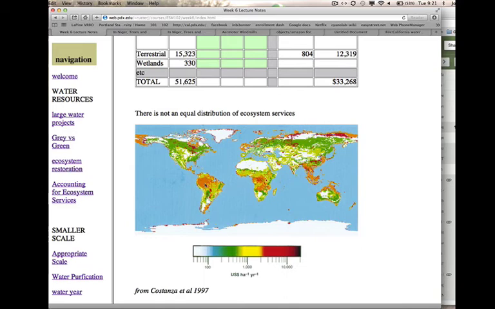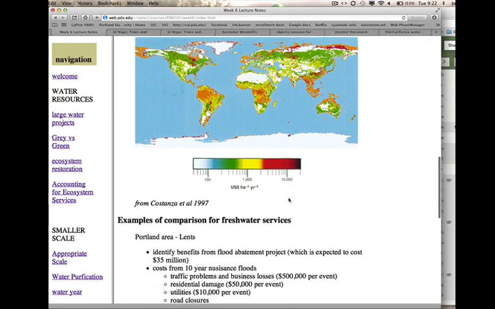And you look at the Amazon, the whole Amazon area is up in this several $1,000s per hectare. Okay, so that's one of the problems, is that it's not evenly distributed. So there's areas that are going to be rich in ecosystem services and areas that are poor in ecosystem services.